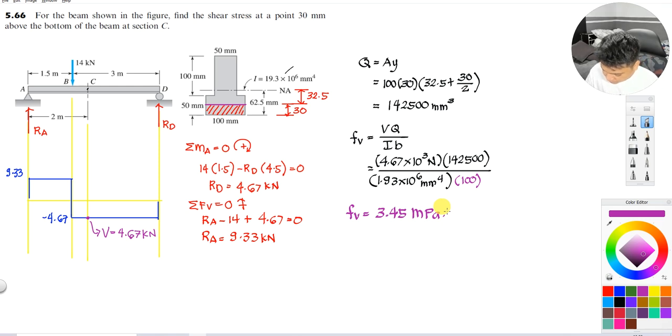Okay, 4.67 times 10 to the 3, 142,500, 19.3 times 10 to the 6, I multiply by 100. Okay, so you can have this one: 3.45 megapascal. Tama ba yung Q? Wait lang ha. 30 times 32.5 plus 30 all over 2. 142,500.